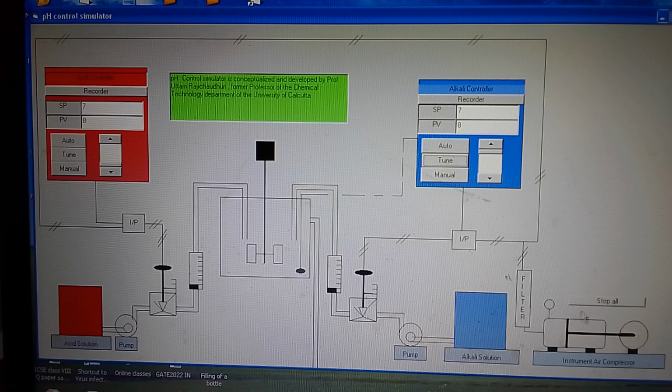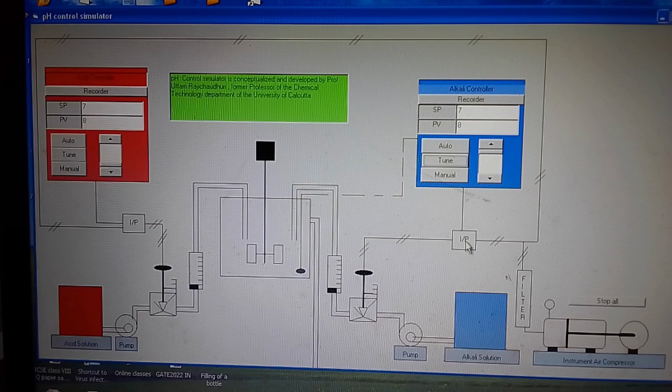Now in addition to that, you will see there is an instrument air compressor to drive these air operated or pneumatic valves, these two pneumatic valves, which are driven with the help of this I2P, that is a current to pressure converter, where the compressed air, instrument air, must be free from moisture and particles through the filter, and then enters at a constant pressure, usually at a pressure of 20 psi, that is slightly greater than atmospheric pressure.